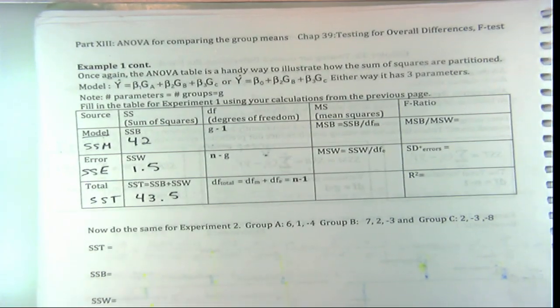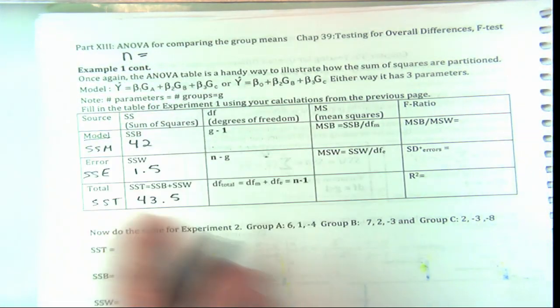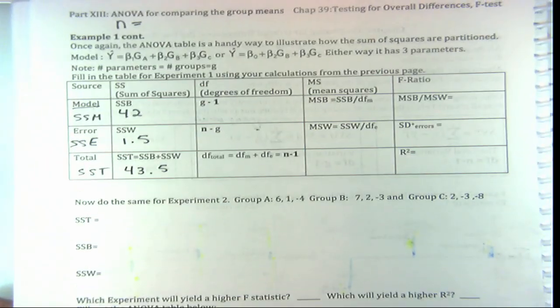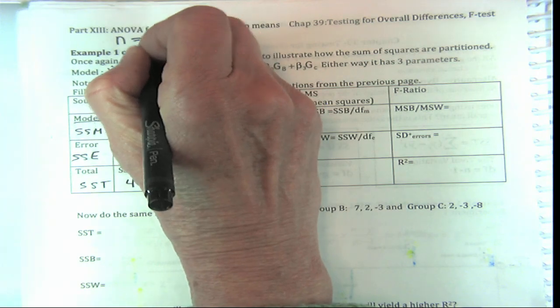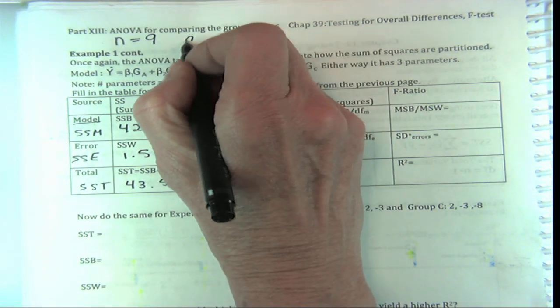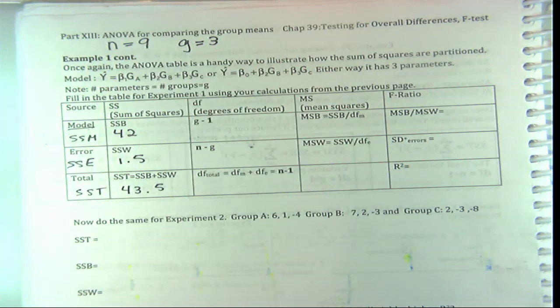Now that's what we know so far. Now we have to remember what we're doing here. We need n. This is just for experiment 1. You're going to do the same thing for experiment 2. For experiment 1, we have the 9 points, and you'll have that for experiment 2 as well. And we have 3 groups, so G is equal to 3. Now, how many parameters do we have?